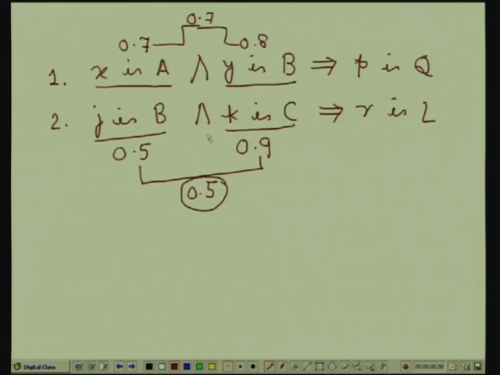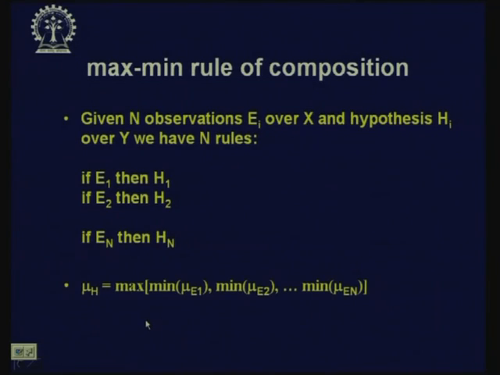Now, out of this 0.5 and 0.7, I will take the max of these two. So, I will select this rule and I will fire this consequent. This is one approach of doing it. Okay. That is exactly what is being said here, max of all these means.